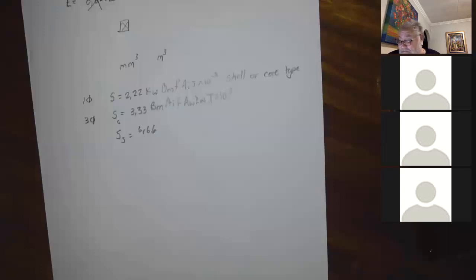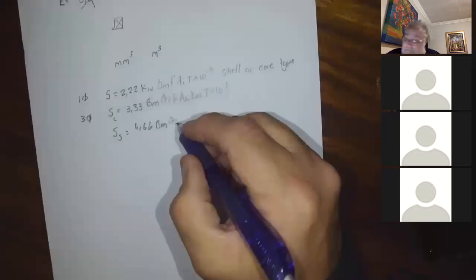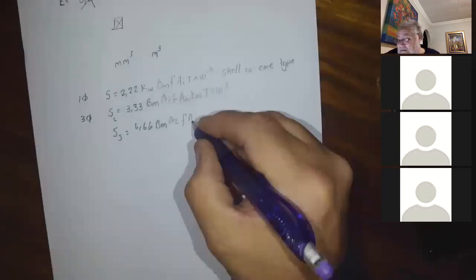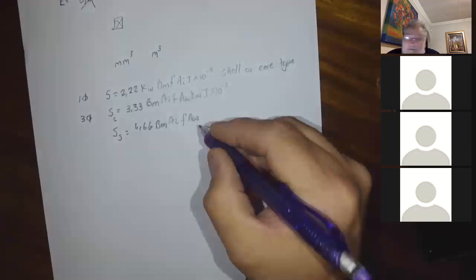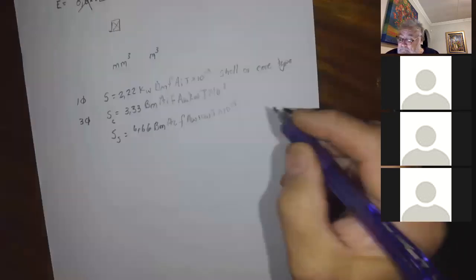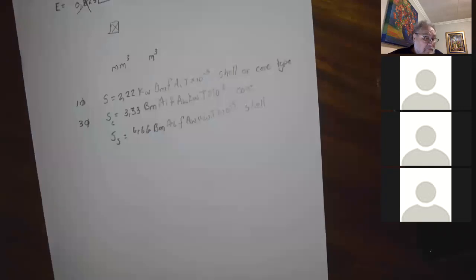B maximum, the area of the iron, frequency, area of the window times K w J. So that's for a shell type transformer. And that is a core. Three phase and single phase. Shell and core.